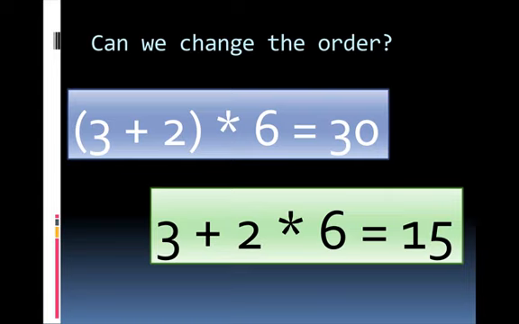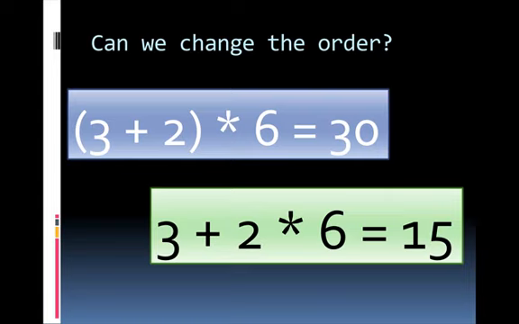The question is, what happens if we don't want that to occur? What happens if we want 3 plus 2 to be processed first, as opposed to 2 times 6? To do that, we can use parentheses. Parentheses interrupt order of operations and allow us to tell the computer, and of course anyone who is doing this problem by hand, which operation to do first. In the first box, we see parentheses around the 3 plus 2.